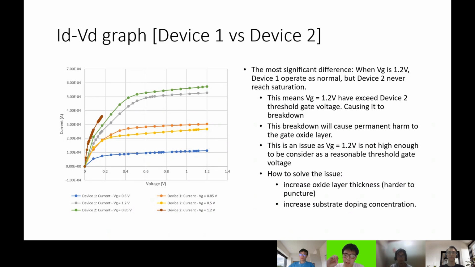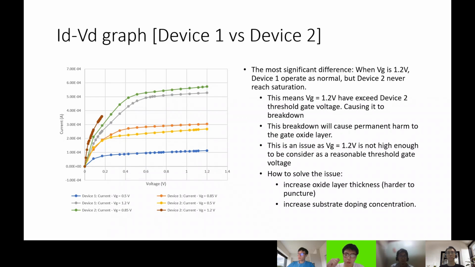This means that when the gate voltage is 1.2 for device 2, you have exceeded its threshold gate voltage. This has caused it to break down and destroy its gate oxide layer. This is a very huge issue for a MOSFET, as a breakdown at gate voltage 1.2 volt is a very low breakdown voltage. This is unacceptable.